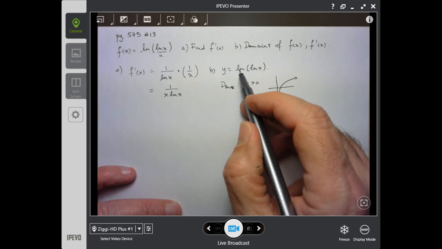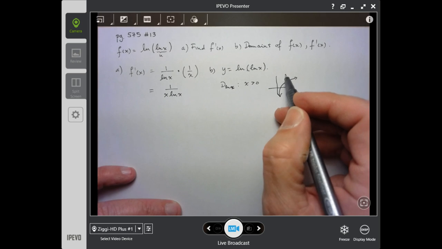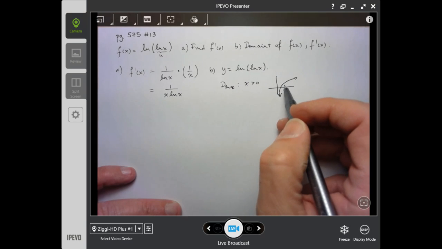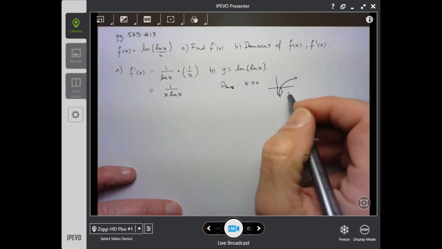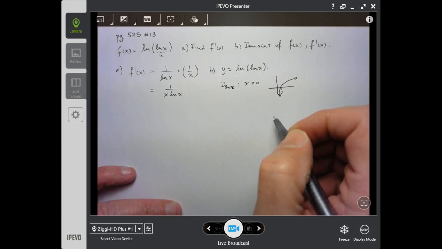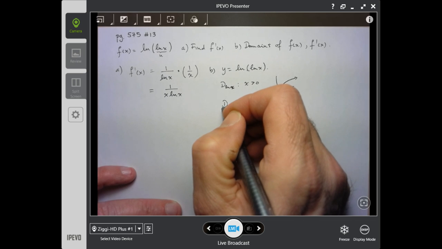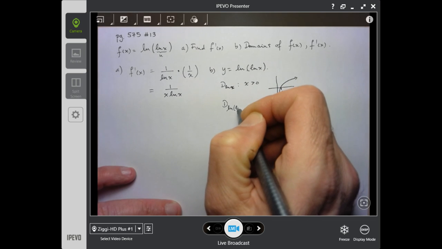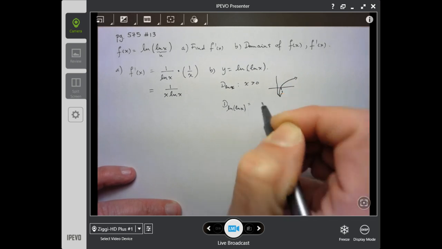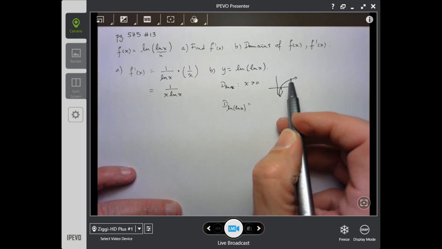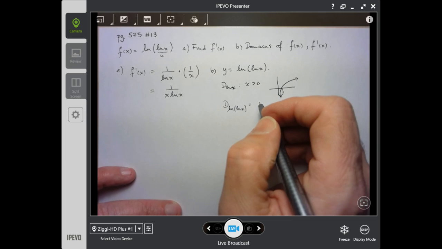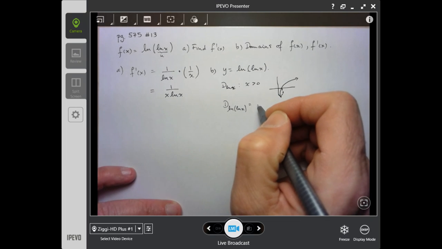In order to be in the domain of the second function, you need to be greater than 0. So I'm only going to take outputs that are greater than 0, and those occur once we're past x equals 1. So the domain is I'm only going to take those values in the domain of ln x whose outputs are greater than 0. In other words, it's going to be all values greater than 1.